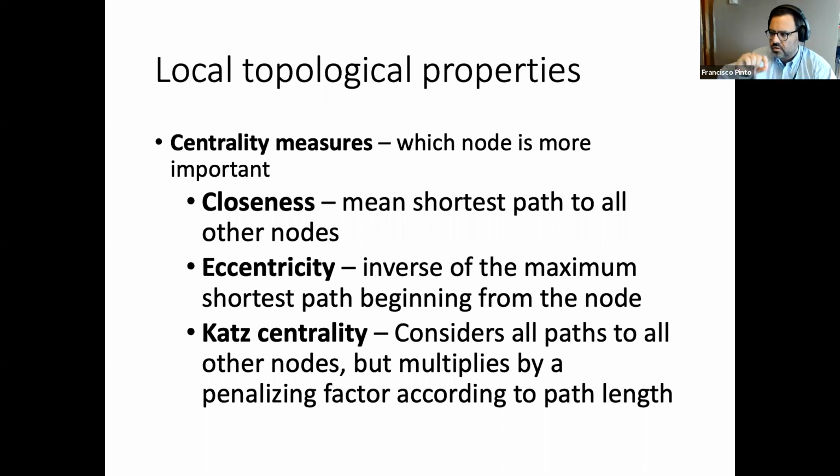So short connections, short paths linking that node to many other nodes. But you can have two nodes with a similar closeness, but one of the nodes not only has very short paths linking that node to other nodes, but there are multiple redundant paths.